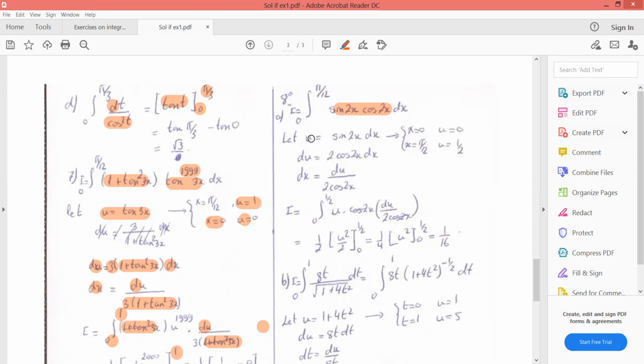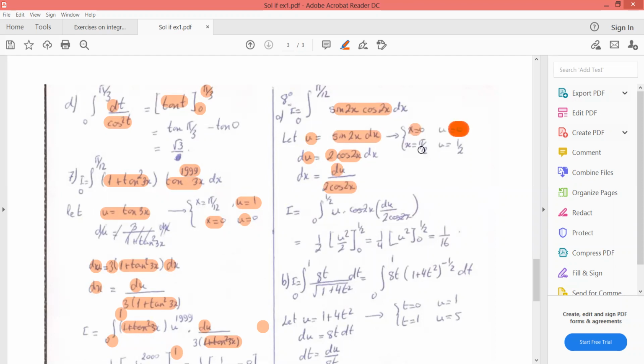Okay. I take u equal sine 2x. du equals the derivative of sine: first I take the derivative of the inner part. What is the derivative of the inner part of the sine? 2, and the derivative of sine gives 2 times cosine 2x, and dx is du over 2 cosine 2x. We change the bounds: for x equals 0, u equals sine 0 equals 0.